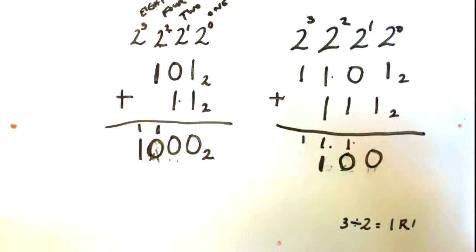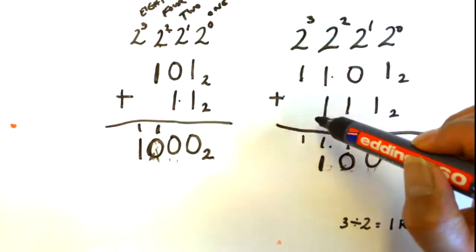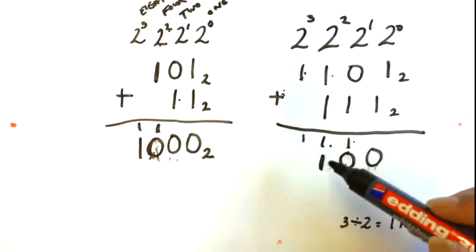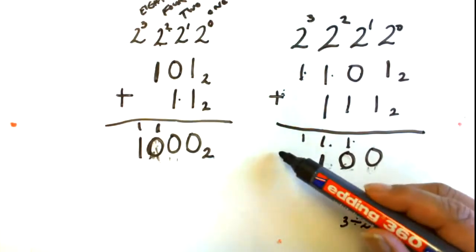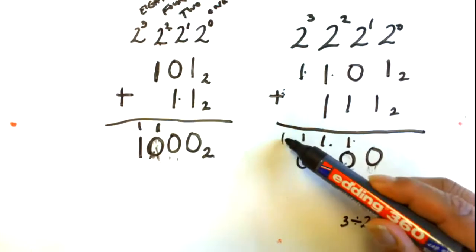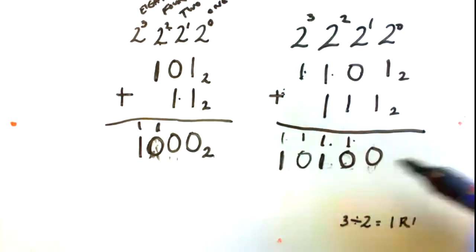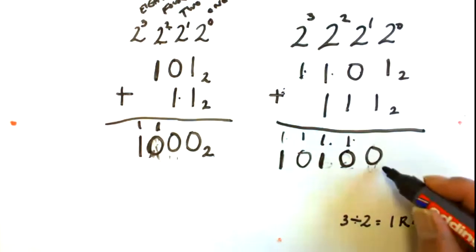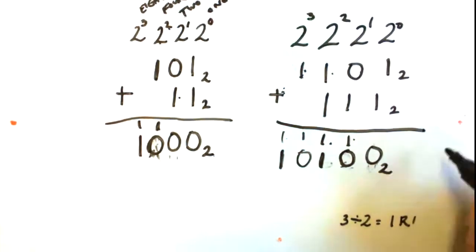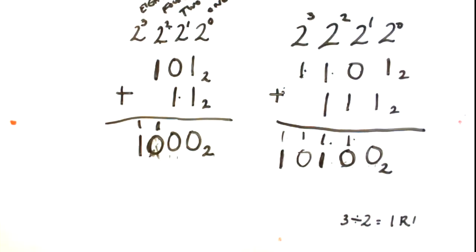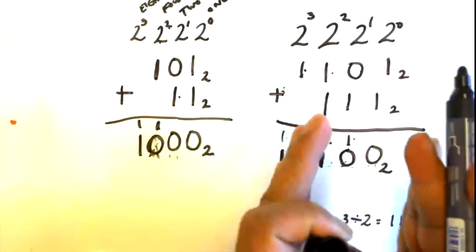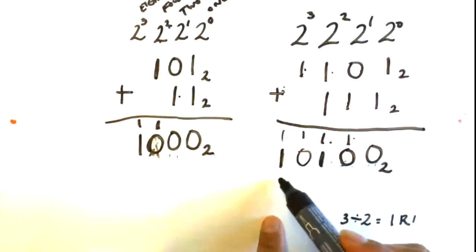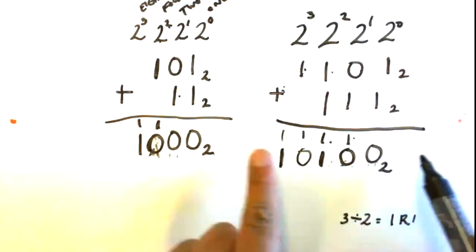So we're on our last bit. It's going to be 1 plus nothing here, but it's basically 1 plus 1 is 2, which is another 1, 0. You bring this 1 down. So your answer is 1, 0, 1, 0, 0 in base 2. So in a way, you don't have to remember much, it's just that the number gets larger. Well, not larger, but the digits go longer.